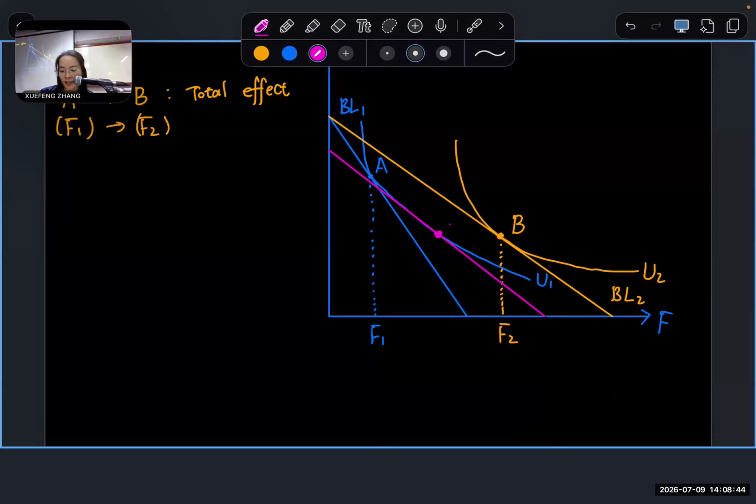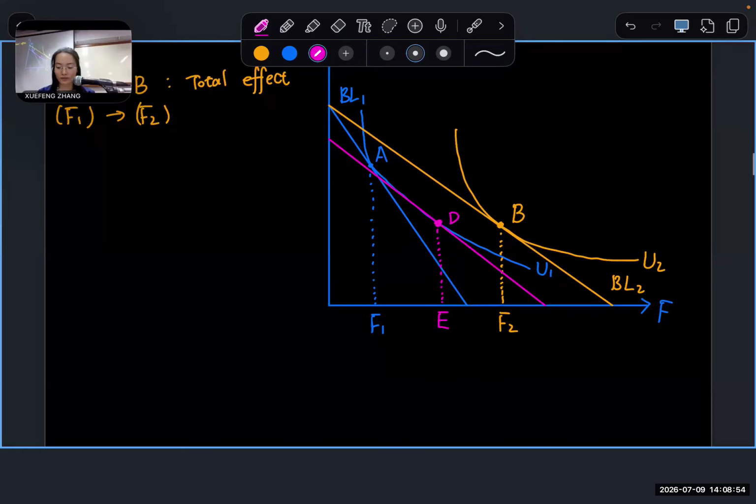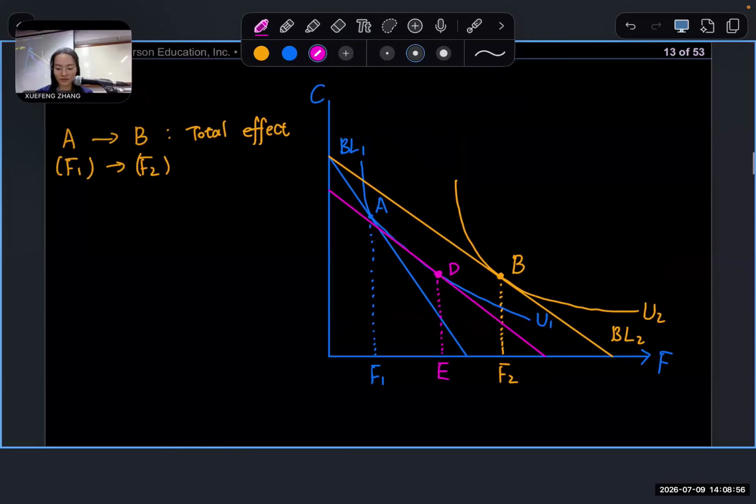So here's D. At point D, I'm gonna consume E units of food. You should be aware of why I draw this graph step by step, okay? For your better understanding.